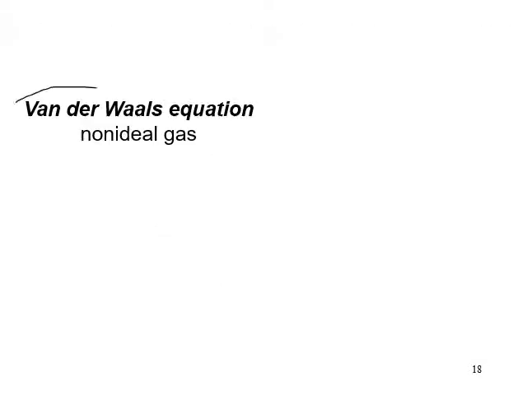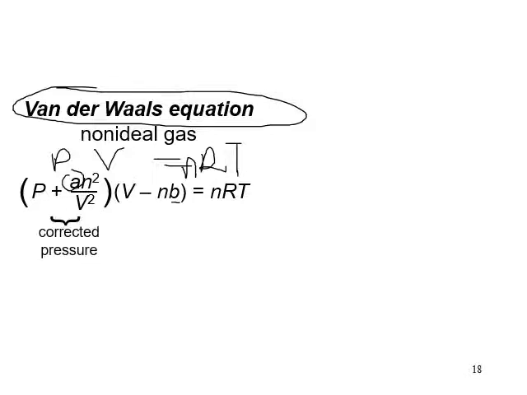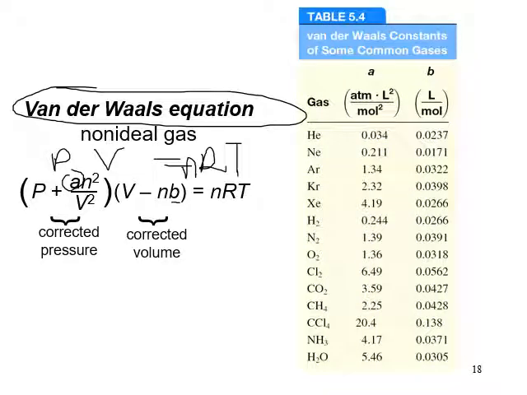So the van der Waals equation takes that into account. The van der Waals equation looks a lot like PV equals nRT, except it has these correction factors, B and A, which are correction factors for pressure and volume. The B corrects for molecular volume, and the A corrects for intermolecular forces.